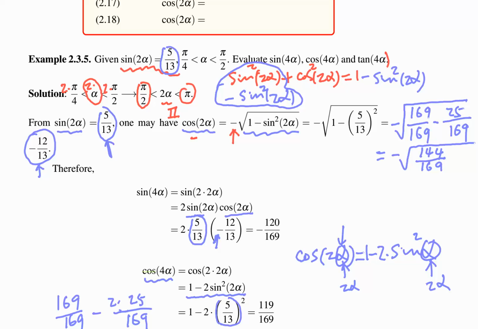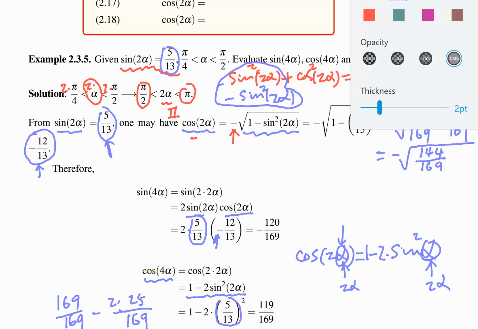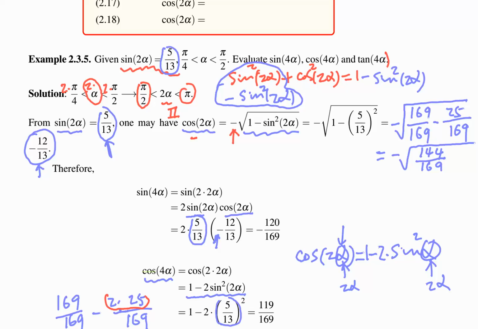Okay, so you may then do 2 times 25 is 50. So 169 minus 50 is 119. Denominator is 169. All right.